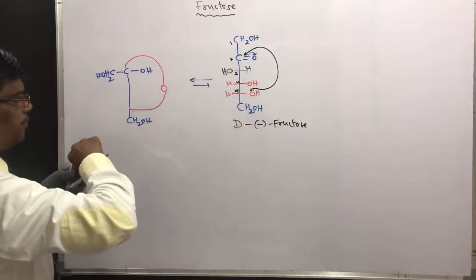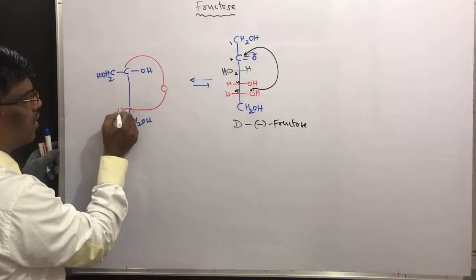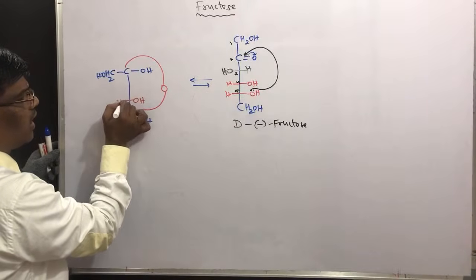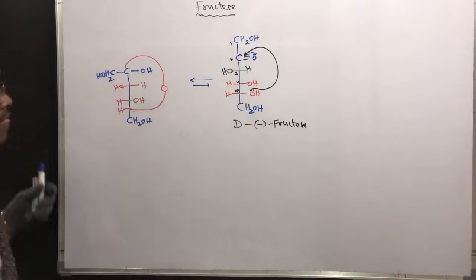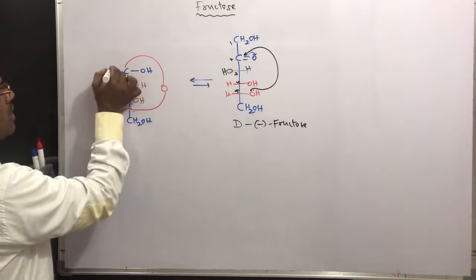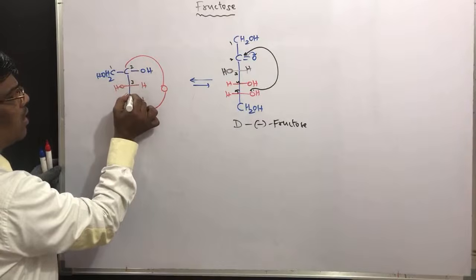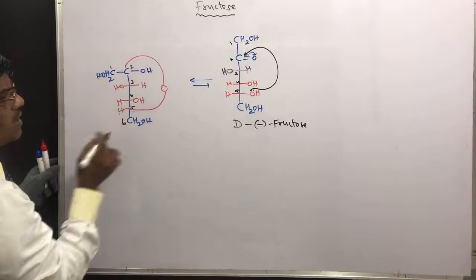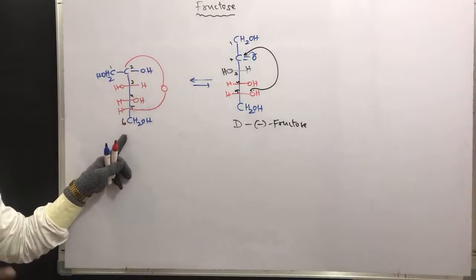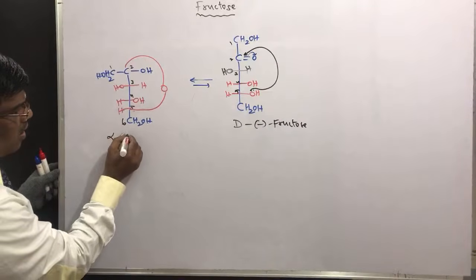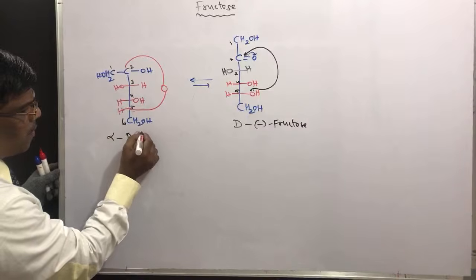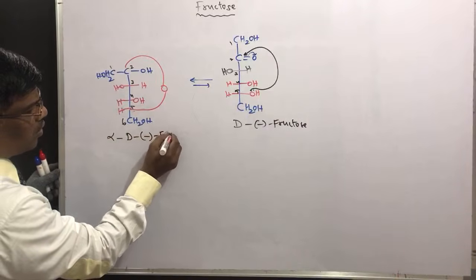This carbon is going to have this hydroxy, and this is left side, which is towards left. Yes? So this is 1, 2, 3 and 4, 5 and 6 carbon. And this CH2OH is intact. This is alpha-D-fructose.